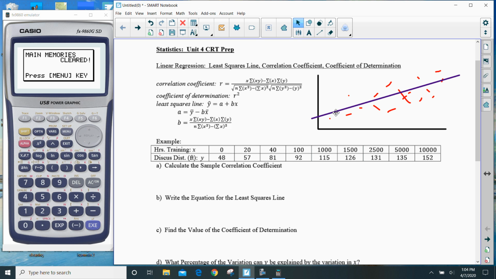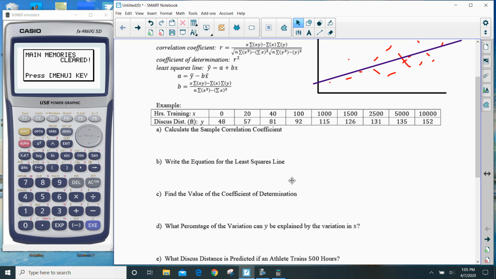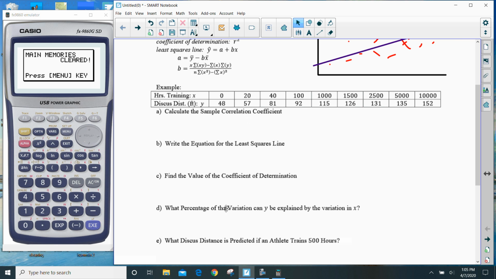It's all fine and dandy to guess what this line is, but mathematically perfect, there is an equation of this line, and that equation is right here. It's the least squares line. This will give you a line which has a y-intercept and a slope, and that gives you the equation of this line. Coefficient of determination we'll get to.